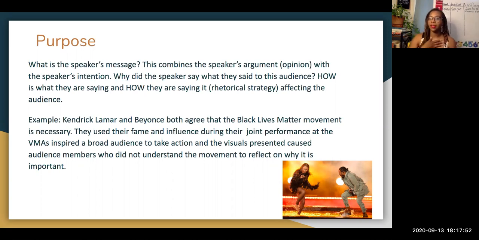Okay, so opinion is not action-based. It's just, this is how I feel, right? But intention is based in persuasion. Okay, well, what do I intend for my audience to do, think, or believe? And so we're going to talk about that within this purpose idea. So when we're talking about purpose, you want to be thinking about actually four different things.